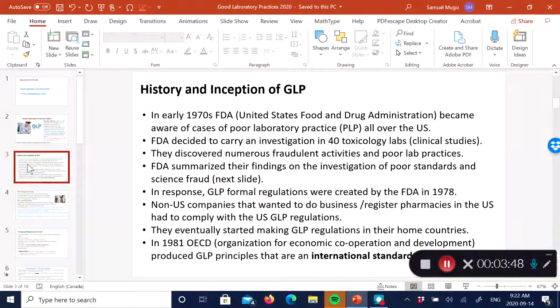Because of that requirement, in 1981 the OECD produced the GLP principles that are now an international standard, by which most companies have to abide. Of course, there are many countries that are part of the OECD, so maybe you can take a look at which countries are part of the OECD.